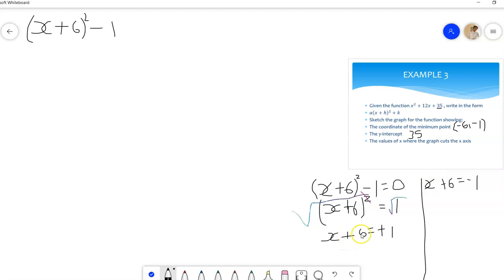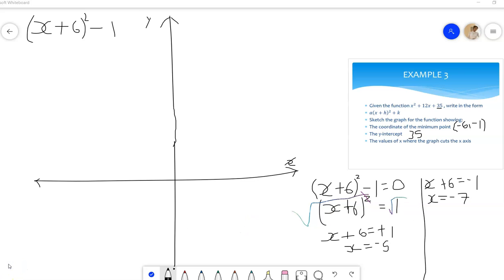When we transpose positive 6, it becomes negative, so we have x equal 1 minus 6, and that is negative 5. On this side, we have negative 1 minus 6, so same sign, add and keep, we have x equal negative 7. So we have our two values of x, and we need to draw our axes and sketch our graph.